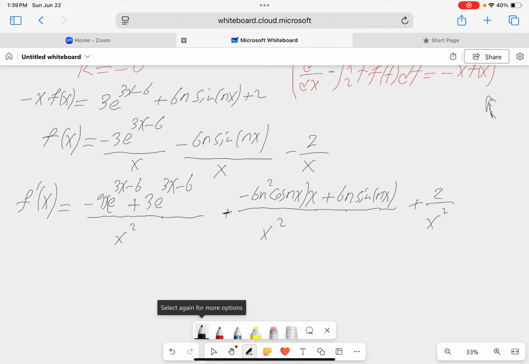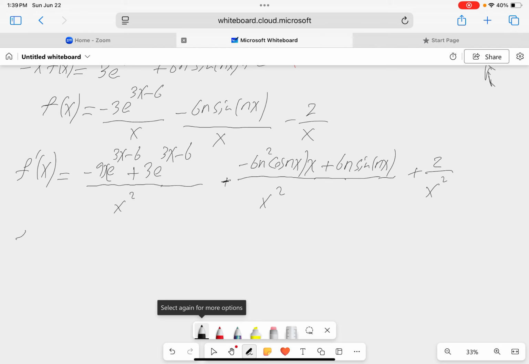That's our derivative. But now what you want to find is the derivative of f when x is equal to 1. So all you need to do is put 1 instead of x. If it's simplifiable at the end, simplify it. If not, leave it as it is.